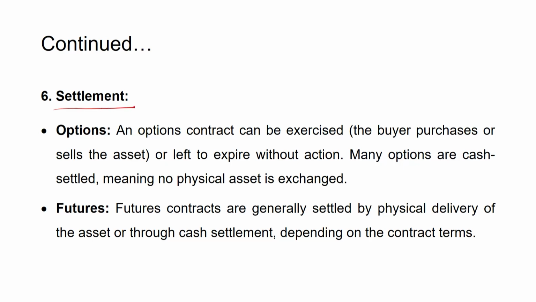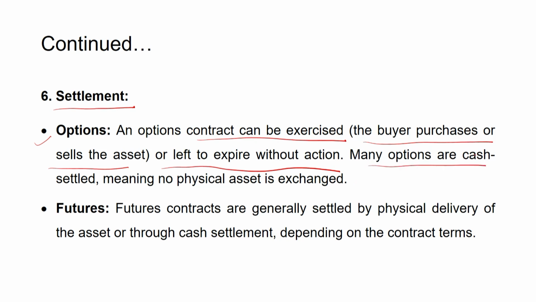Next is on the basis of settlement of the trade. If we talk about options, the options contract can be exercised when the buyer purchases or sells the asset under the contract, and if they are left to expire without any action, in such cases the option need not be settled.